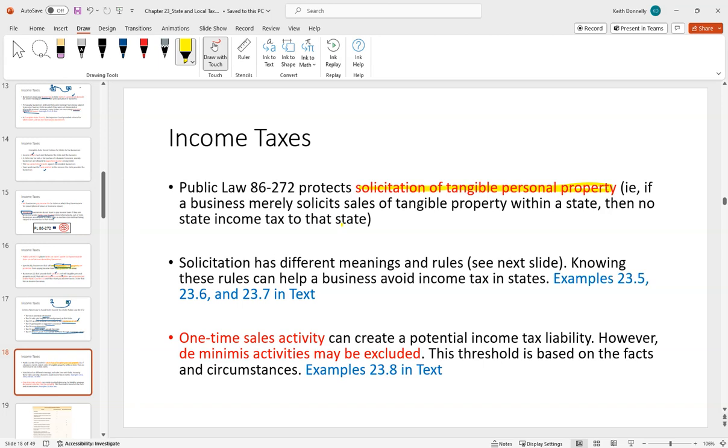It has different rules, different meanings for what solicitation means, that word. But as a starting point, there is a de minimis threshold. If you have a one-time sales activity and it's for a relatively small amount, it's probably not going to give rise to income tax nexus. You can look at those examples.